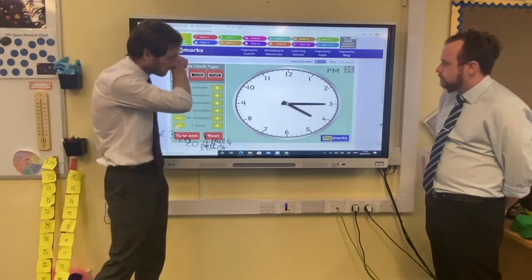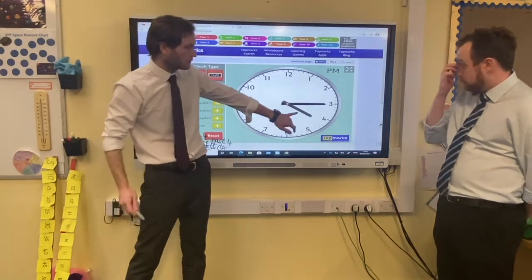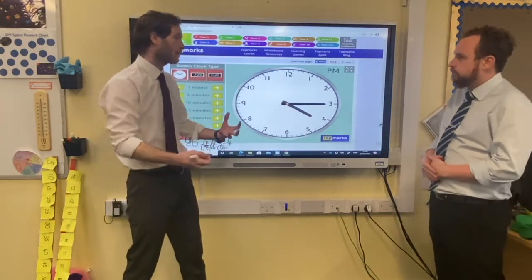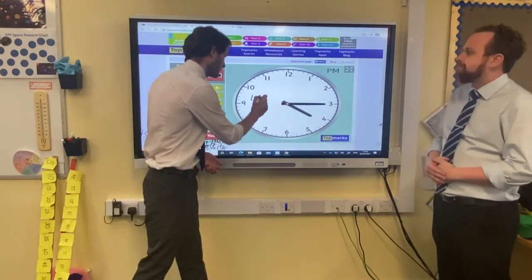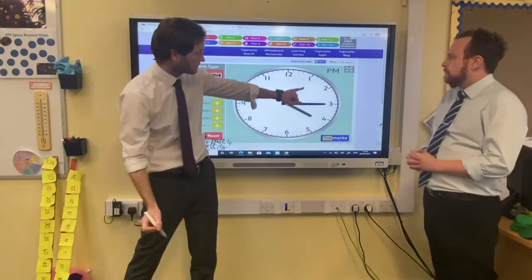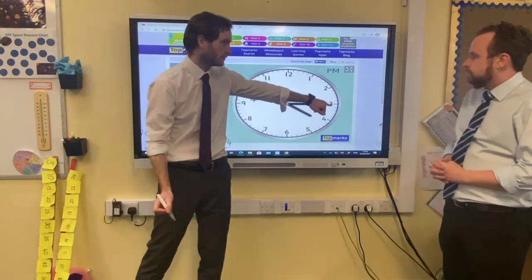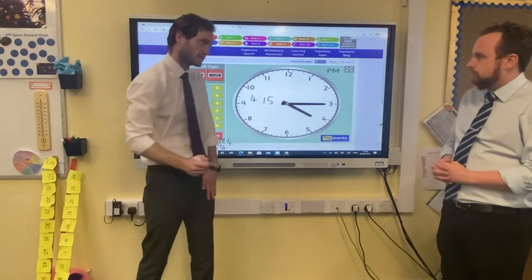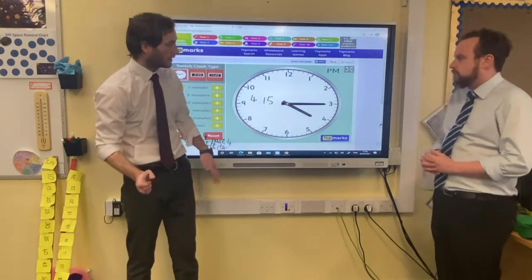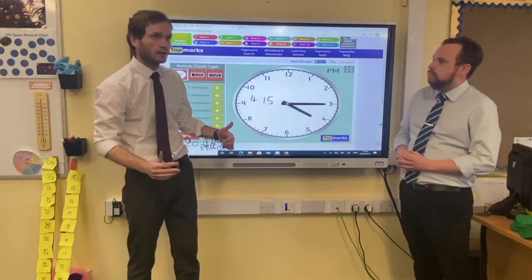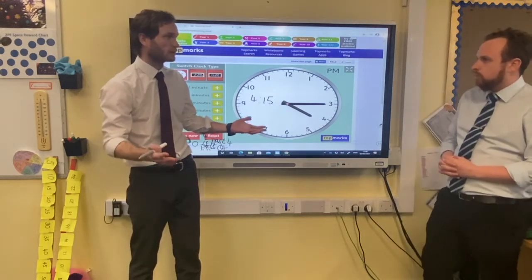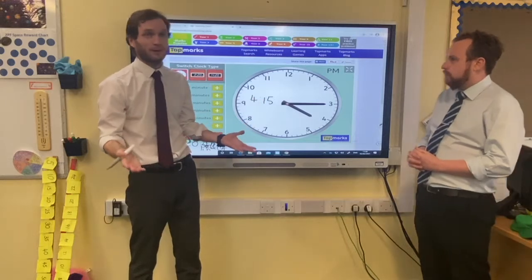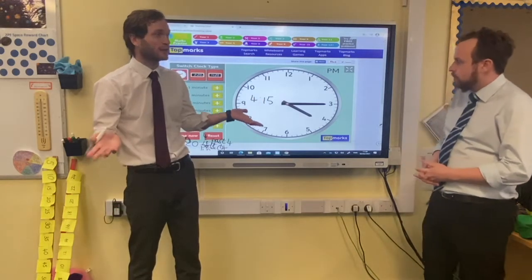Okay, so the time: the small hand is still between the 4 and the 5, so the hour is 4. The minutes past is 5, 10, 15. Now, I remember from what you taught us yesterday that we might say 4:15. It means 15 minutes past 4, but for some reason we don't say that.